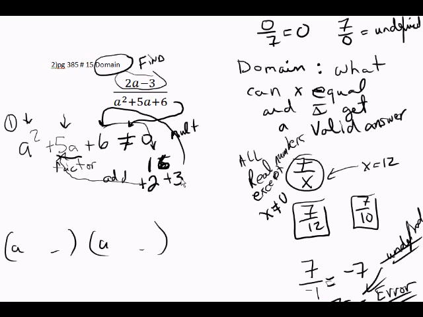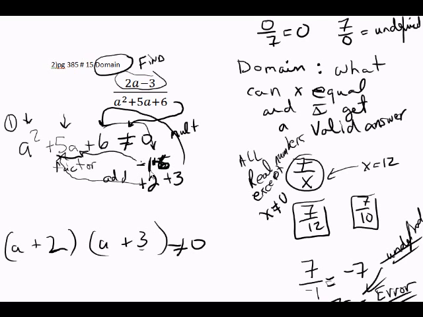A positive 2 times a positive 3 is a positive 6. A positive 2 plus a positive 3, if you add it, equals a positive 5, and that's how you get it. Okay, now, so our answer is a plus 2 and a plus 3. This is our factored form, cannot equal 0.